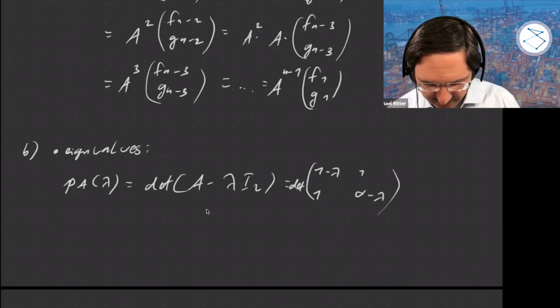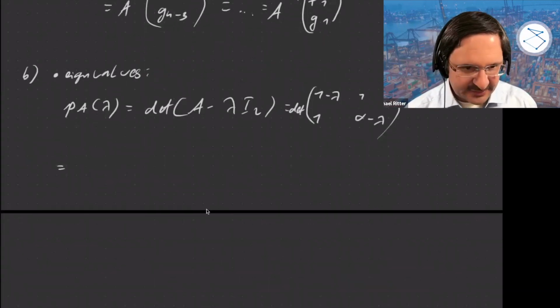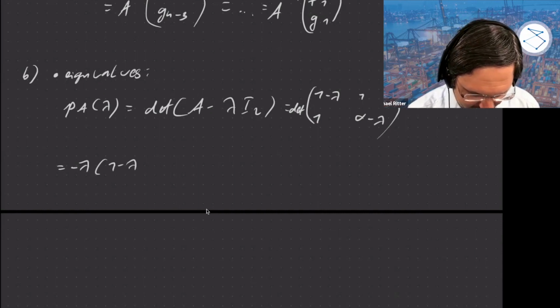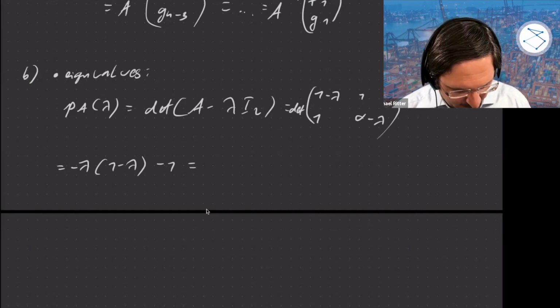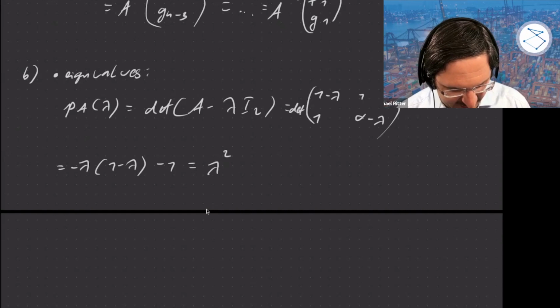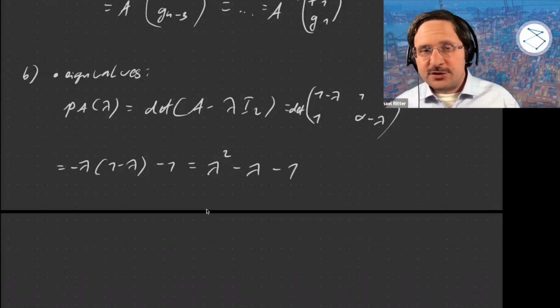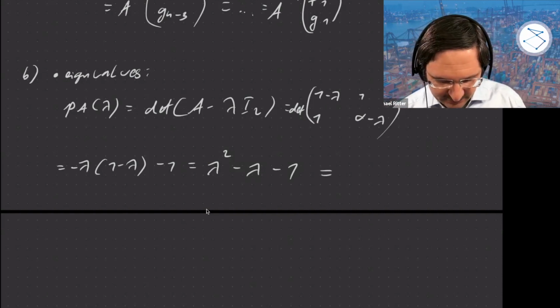So we want the determinant of this matrix, which is, let's see, minus lambda times 1 minus lambda, minus 1. Or let's see, that's lambda squared minus lambda minus 1. And the roots of that characteristic polynomial are going to be the eigenvalues. So we need to find all lambda values where this is going to be 0.